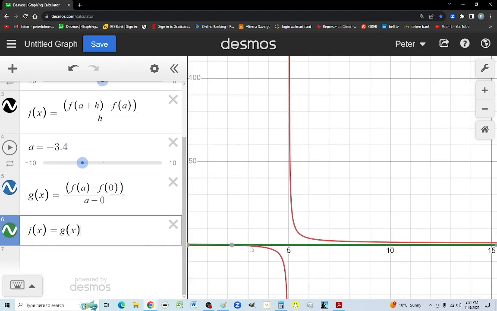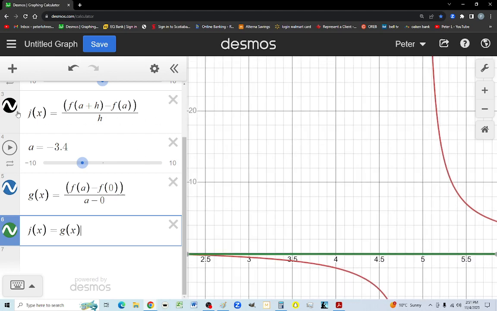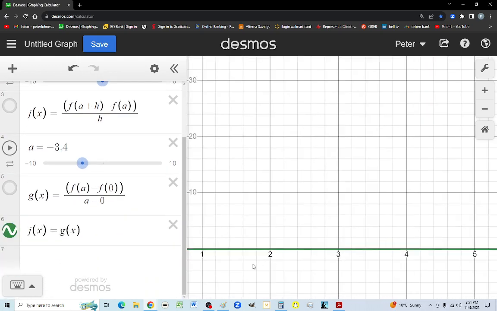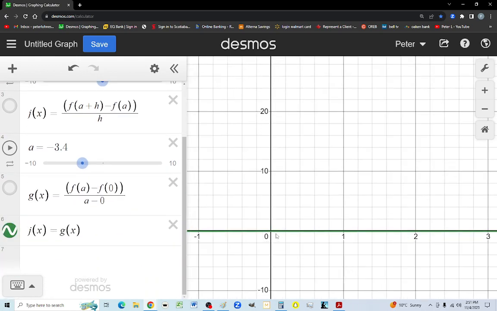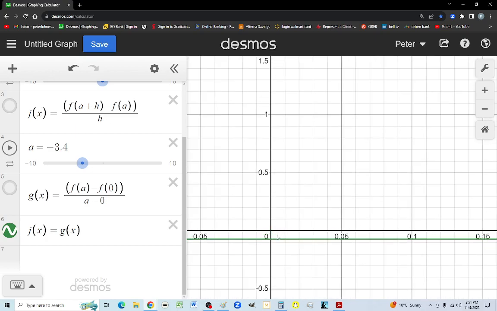And they're saying right there. Now I'm going to turn off the other graphs. And it's telling you right there. So we're going to zoom in. And they're saying when y is negative 0.071.